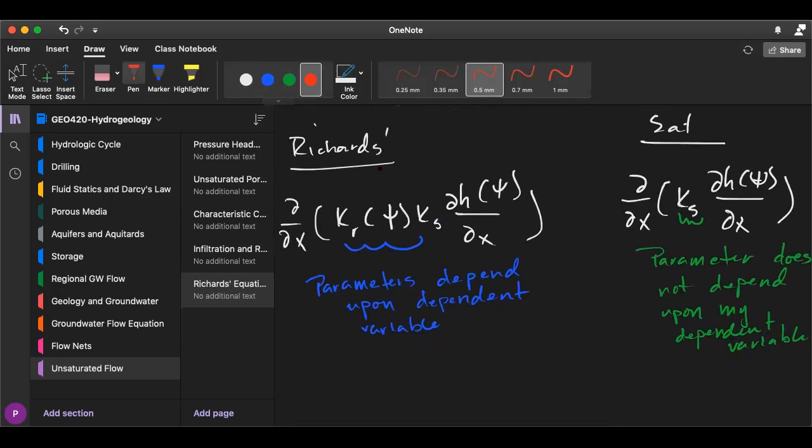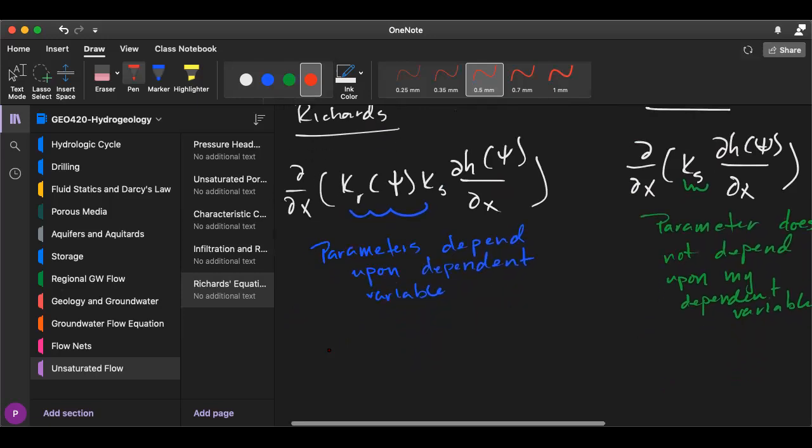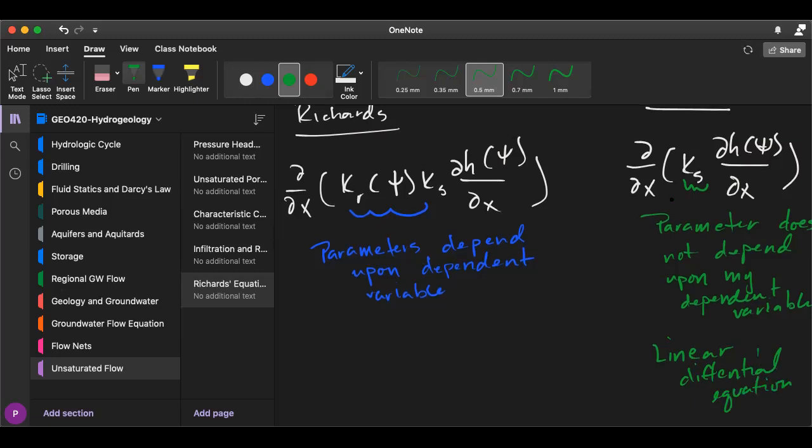And this is a really big difference. This one over here is a linear differential equation. I just need to know the value of K sub S, and then I can predict my head.